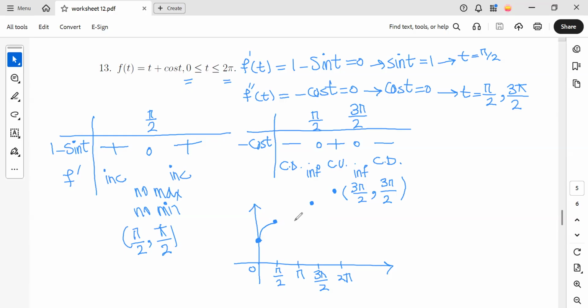Between pi over 2 and 3 pi over 2, it is also increasing but concave up. And between 3 pi over 2 and 2 pi, it is still increasing but concave down. So this is the graph. Let's move on to the next page.